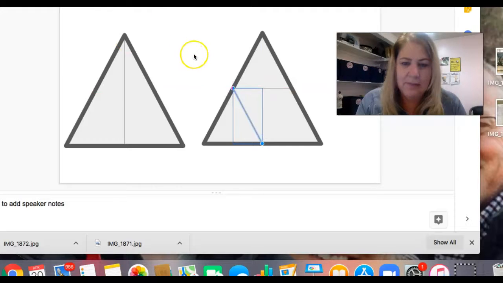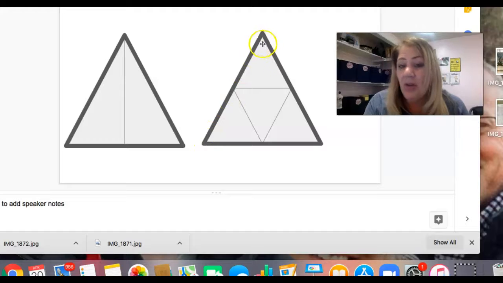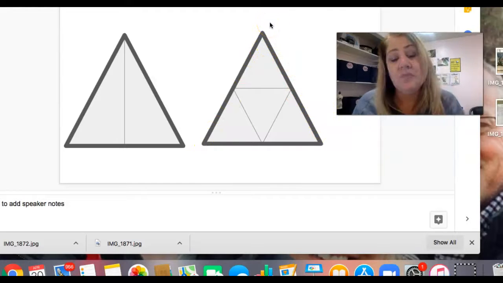Let me try it one more time, doing it like this. Do you see what happens? If we cut it on this line right here, there's actually 3 times more down below. And that has to do with the angle of the two sides of our triangle.